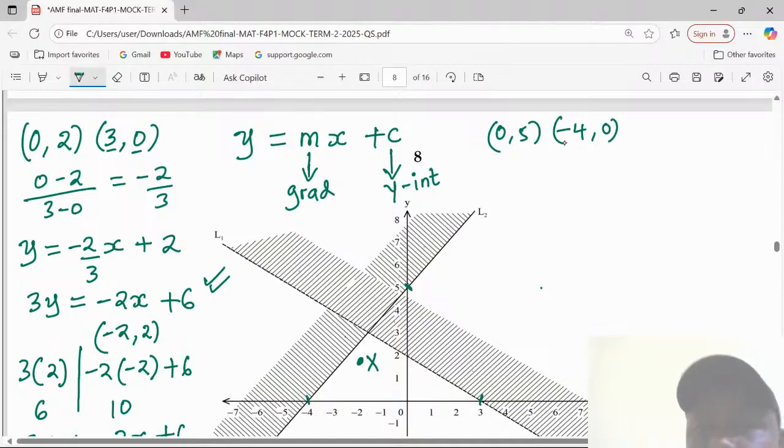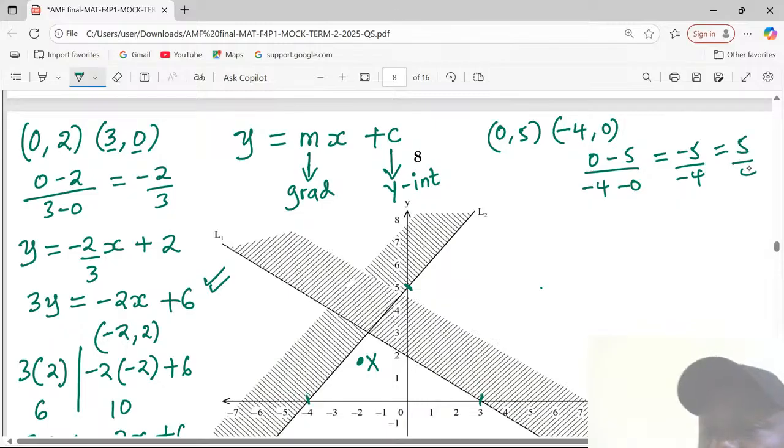Let's find the gradient. Change in y, 0 minus 5, out of change in x, negative 4 minus 0. So I'm getting negative 5 out of negative 4, whereby the negatives will cancel to get 5 over 4.